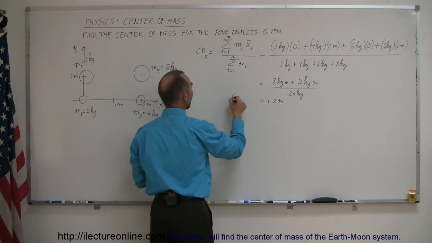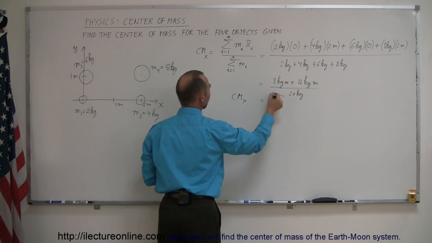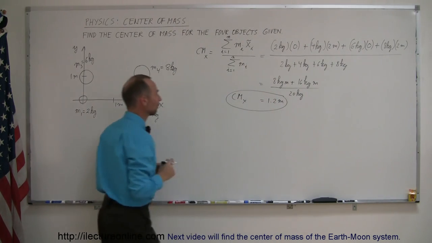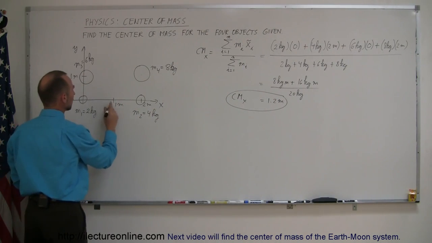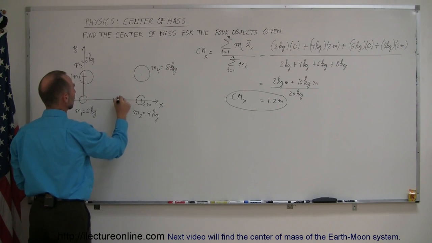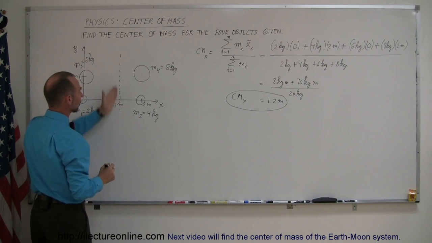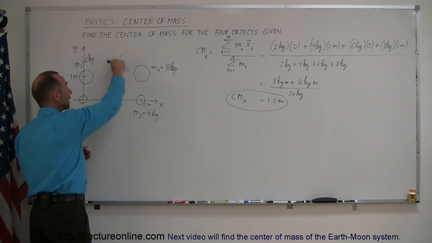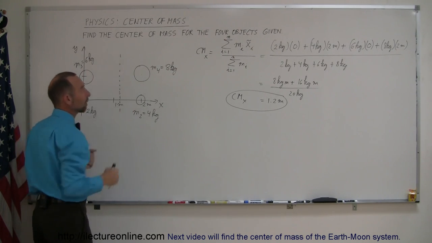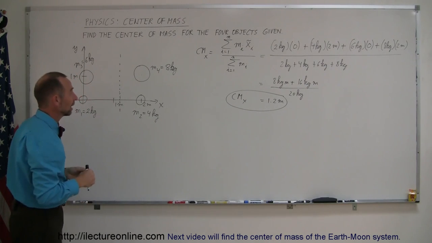So the center of mass in the x direction is 1.2 meters to the right of the origin. If this is 1 meter, this is 1.2 meters, so it'll be right around here somewhere. The center of mass will be somewhere along this line. We just don't know how high it is in the y direction, which depends upon finding the center of mass in the y direction.